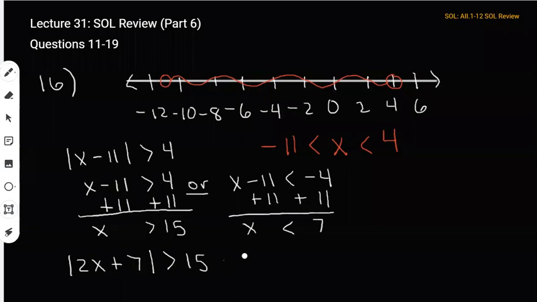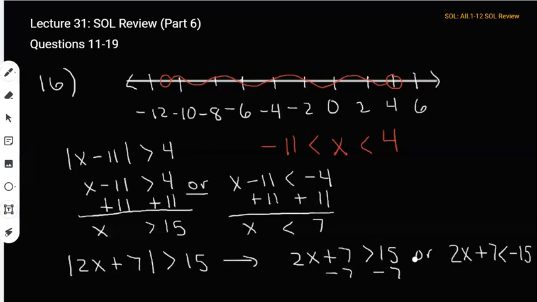So for this one, we can take the 2x plus 7 out. We can set it greater than 15. Or we can use 2x plus 7 is less than negative 15. And when we do that, we can subtract 7 from both sides.